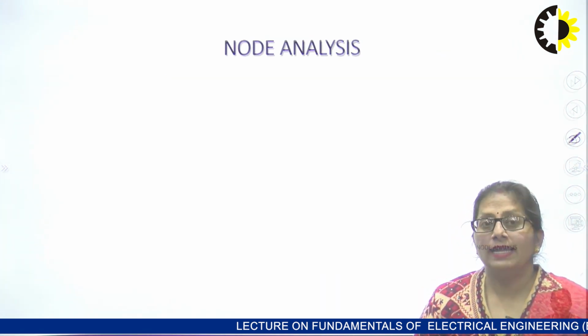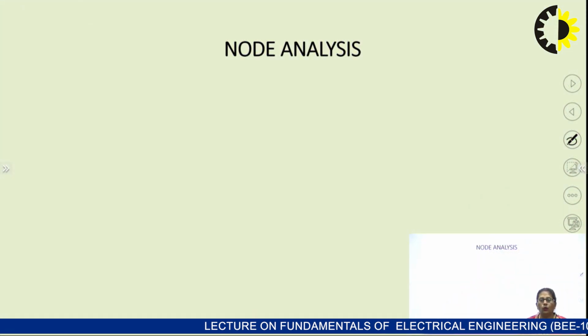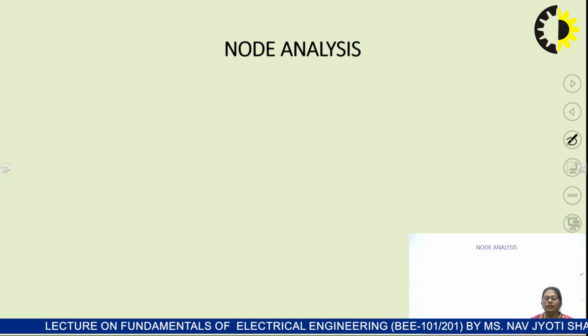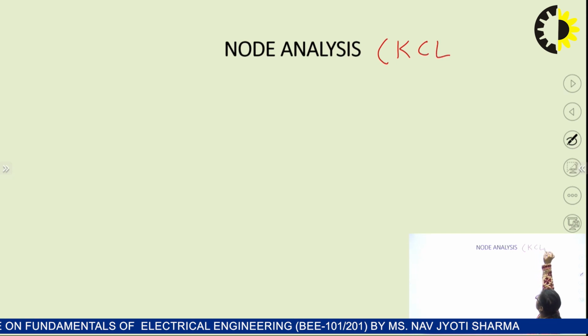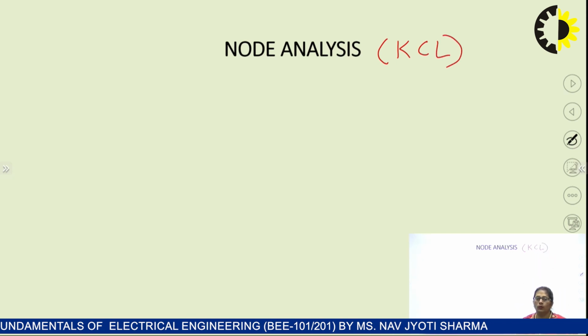Now, coming to another analysis method, that is node analysis, right. How would we go for node analysis? As we have seen, mesh analysis is based on KVL, Kirchhoff's voltage law. Node analysis, as it signifies, is based on KCL, Kirchhoff's current law. What does it state?